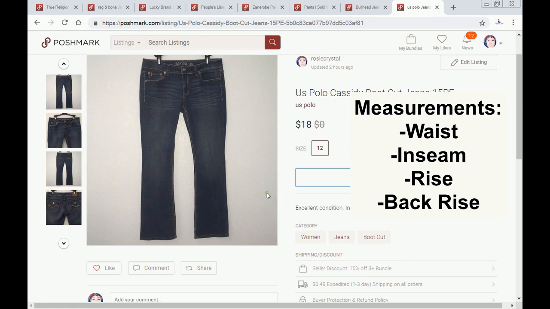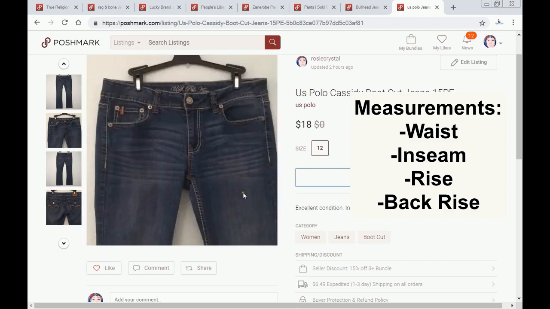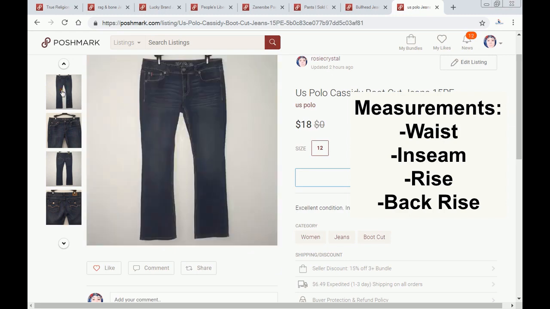The next important measurement would be your inseam. So to measure your inseam, you go here from where all of the seams come together. You can probably see it better here in this picture, where all of your seams come together, and you measure from there all the way down to the bottom of the leg, and that would be considered your inseam measurement.